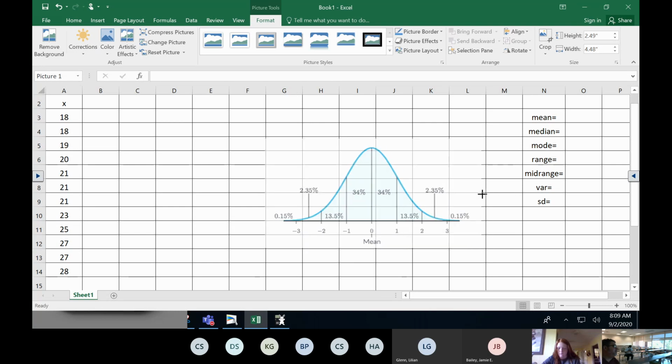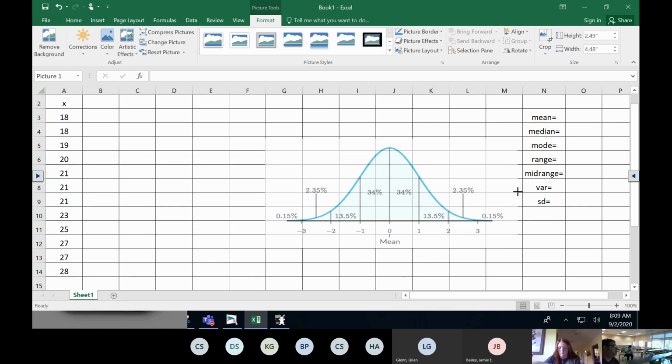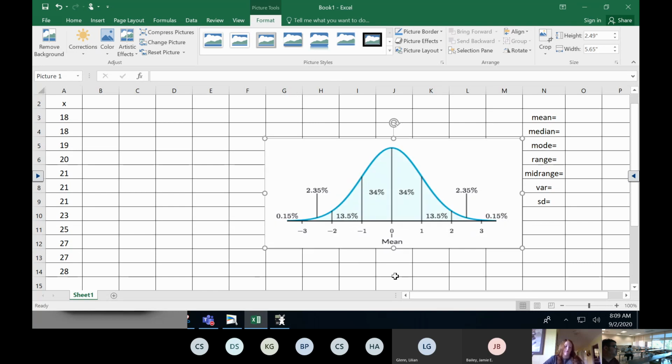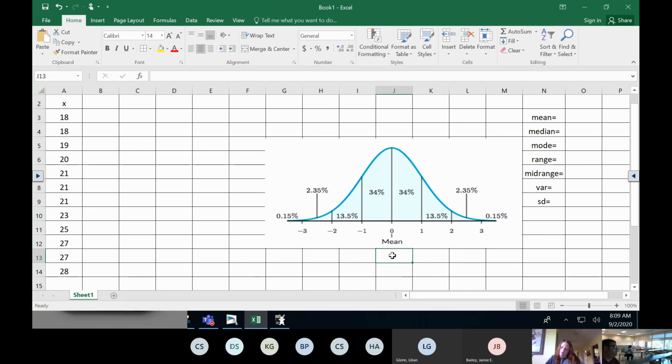Make it a little bit bigger. So we're going to put the mean right here, so that's going to equal that number. And then equals this number plus the standard deviation.